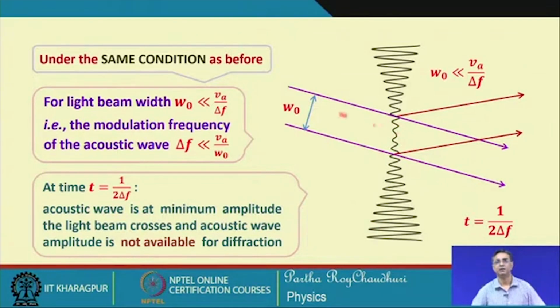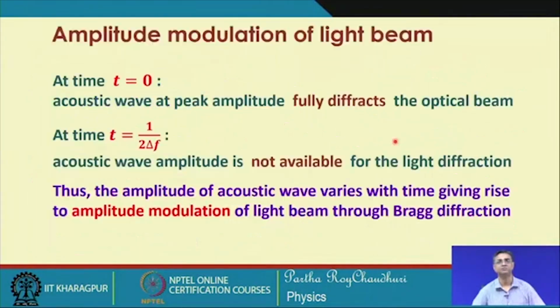Now, this is the time at which the optical beam sees the acoustic wave where the amplitude is minimum. So, the optical wave is not used for Bragg diffraction, because there is no acoustic wave amplitude here. So, at this time the diffracted beam will have minimum amplitude, because there is not enough acoustic wave amplitude available for diffraction.